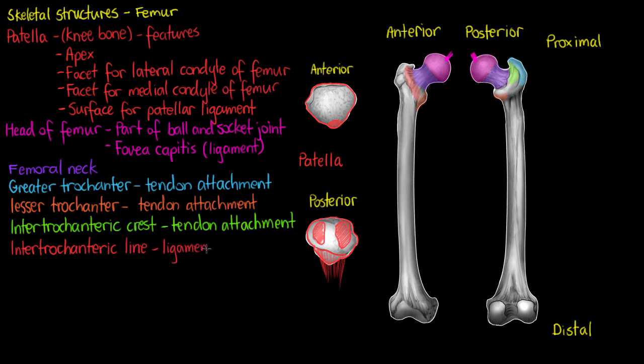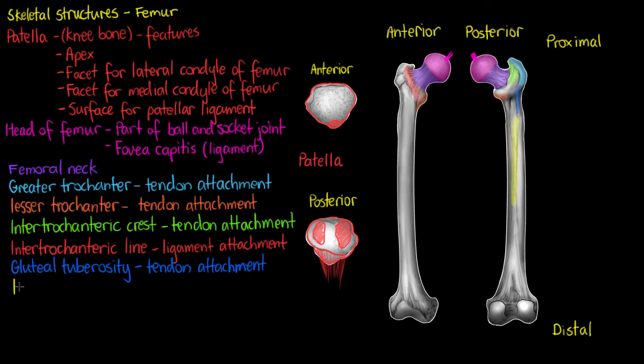Moving back over to our posterior aspect, the next feature I'll highlight here in blue now is our gluteal tuberosity. The gluteal tuberosity is sometimes termed to be part of the linea aspera, but for the sake of this video we will separate them functionally. The gluteal tuberosity is a prominence of bone that, like the name suggests, is an attachment point for the gluteus maximus muscle.